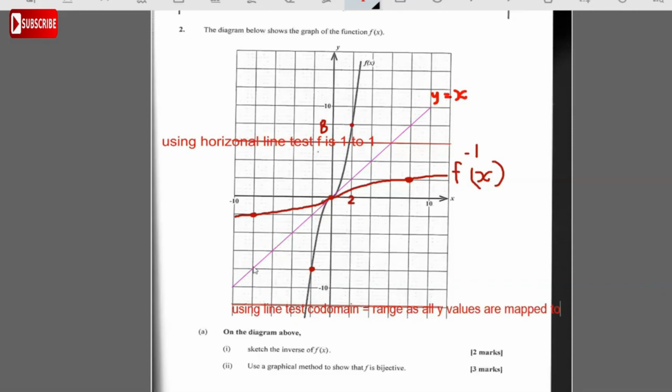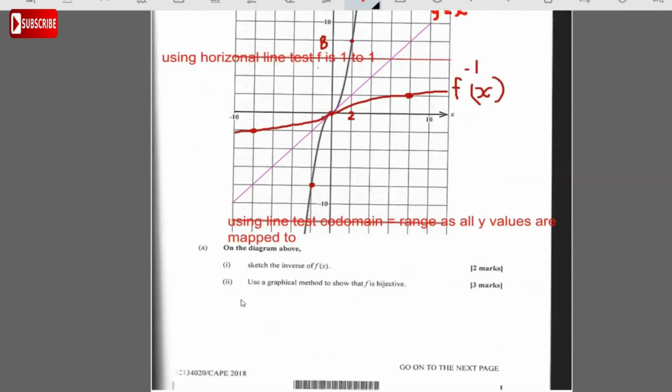So using that method, we can say that since f is one to one and onto, f is bijective. Nice and easy.